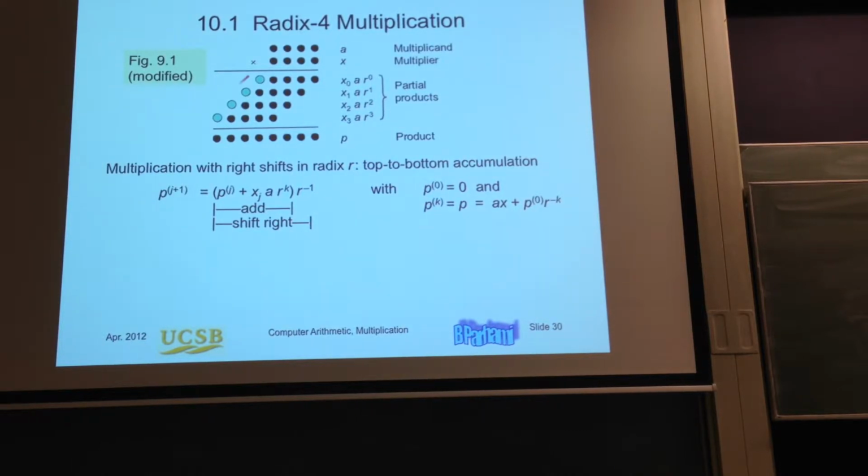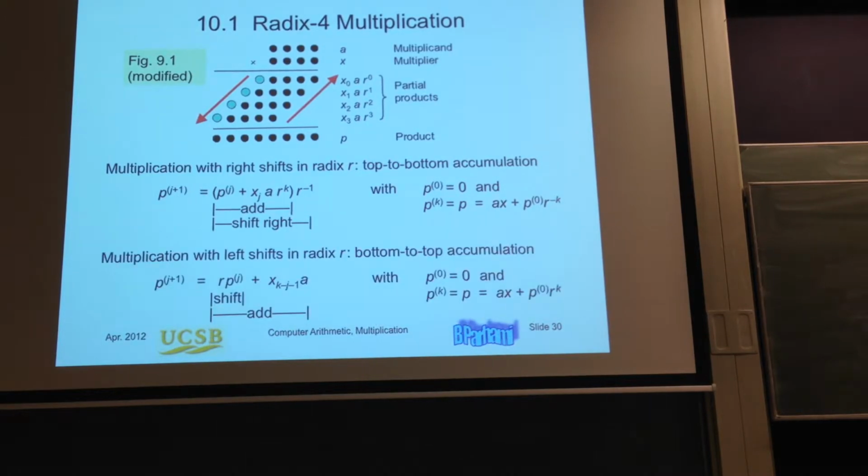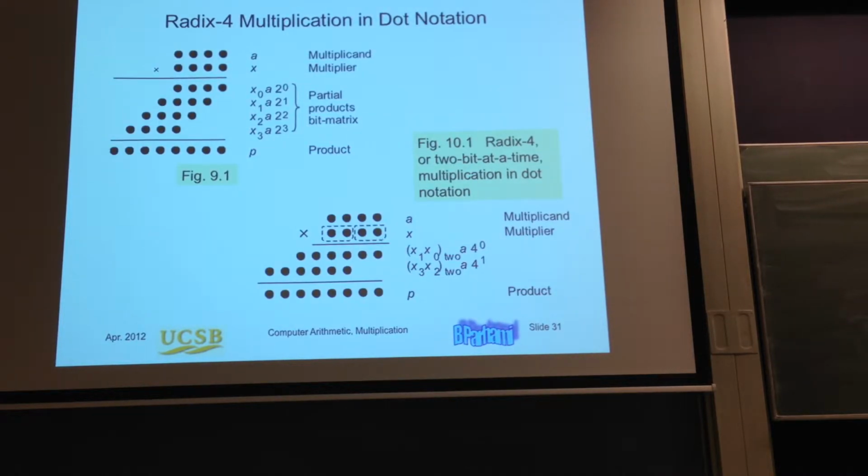Then it will be more effective. The same story, I can go from least significant to most, and again, I prefer this one. Now, the big difference between Radix-2 and a higher radix is this one.